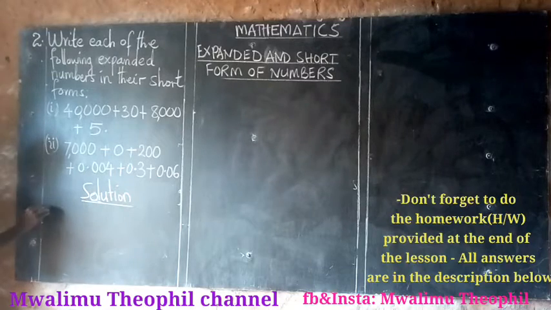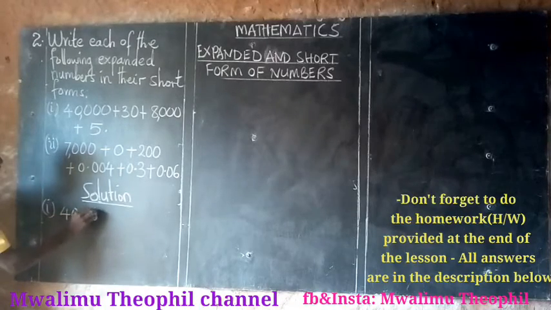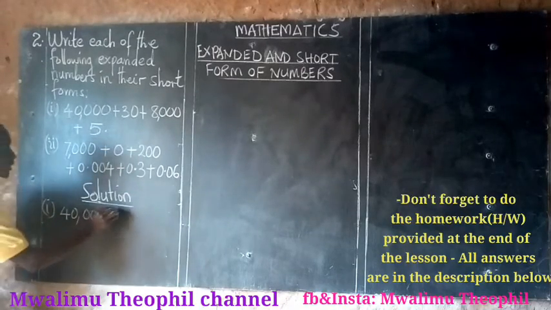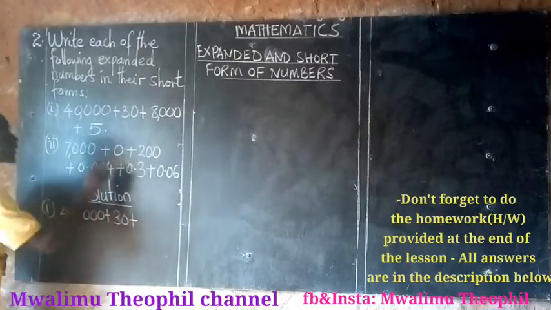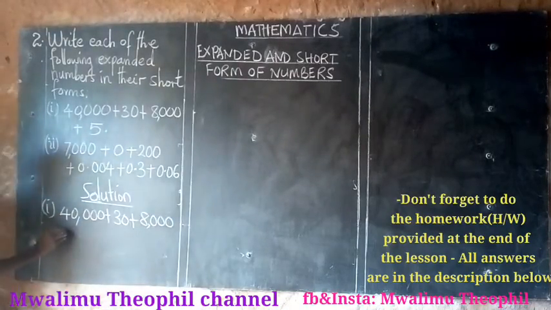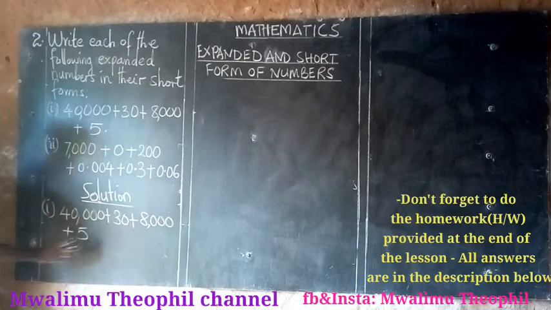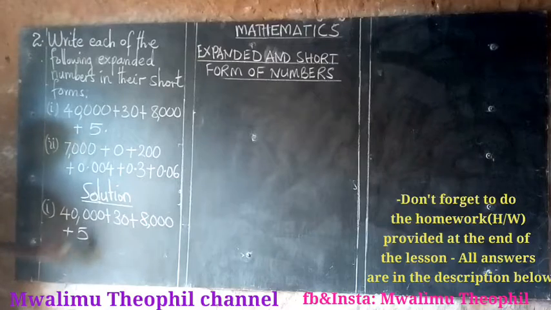By starting with our first expanded form of a number, we have 40,000 plus 30 plus 8,000 plus 5. Now, the way to shorten this form is like follows.